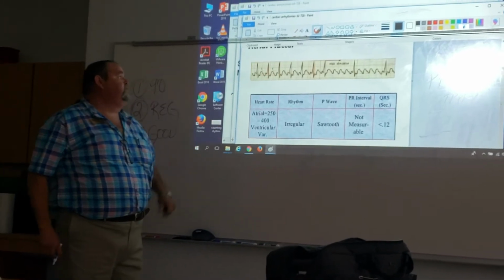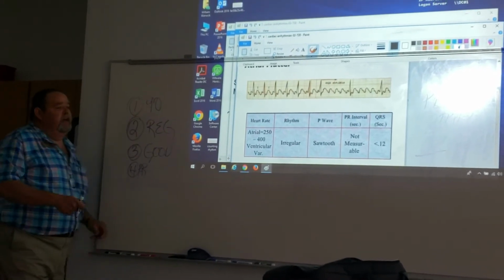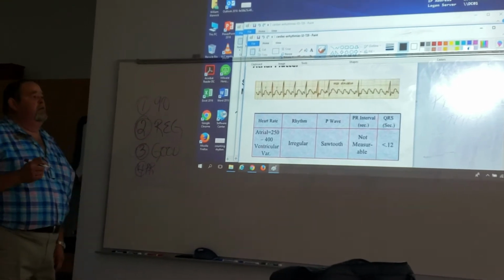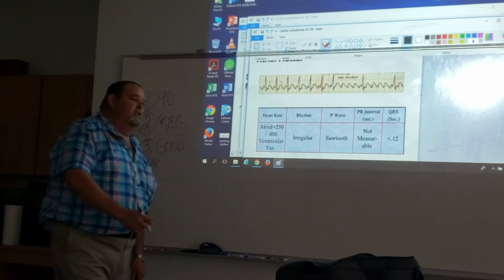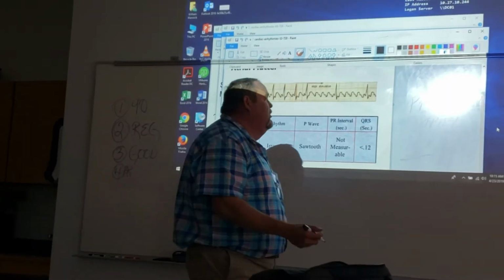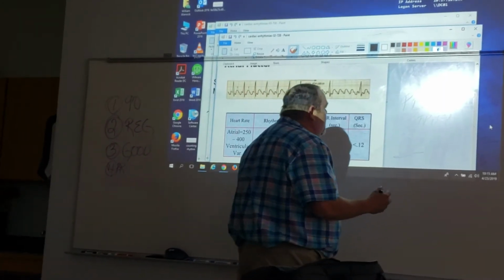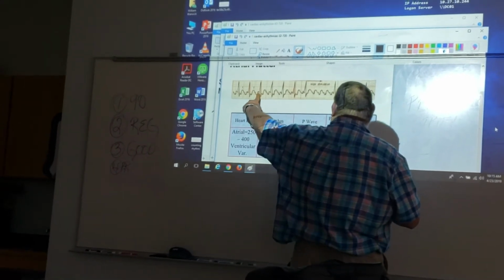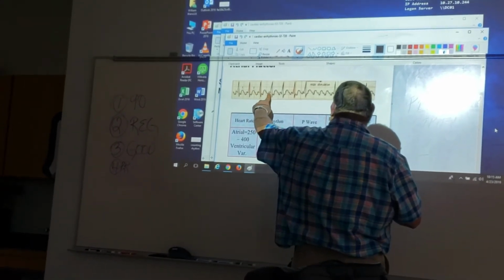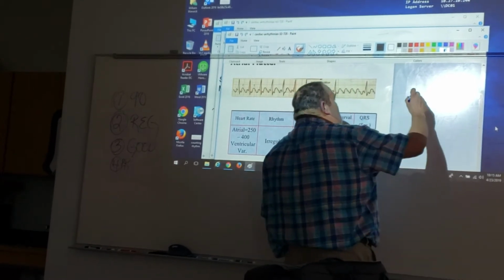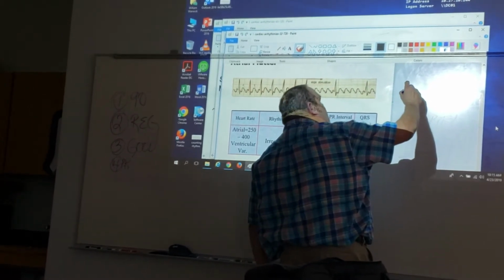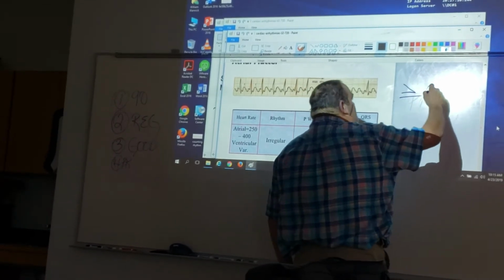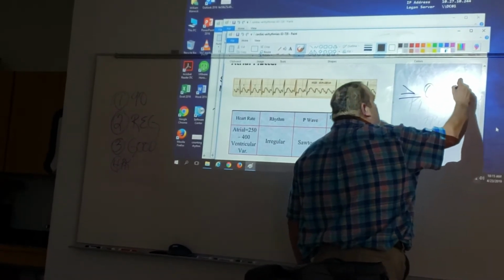All right? Now, the thing I had to tell you about the PR interval so far in the beginning, and you know, I have to add stuff as we go. If I told you all at one time, you would have alphabet soup. So now that you look and you see this P wave is so close, you know that your PR interval can be no greater, that means greater than 0.20 seconds.